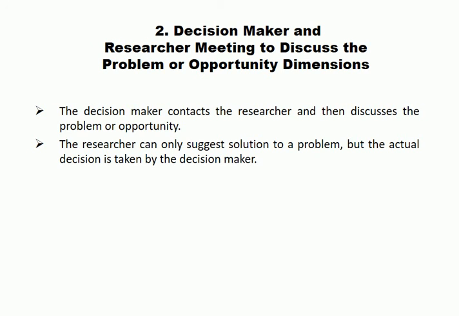So the company people will meet a researcher and they will decide what problem dimensions they need to look for. So the decision maker contacts the researcher and discusses the problem or the opportunity. The researcher can only suggest a solution to the problem, but the actual decision is taken by the decision maker.